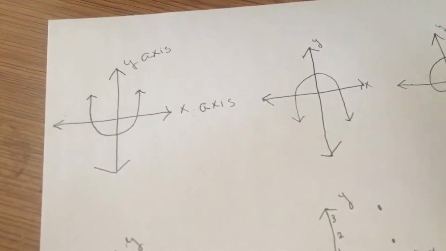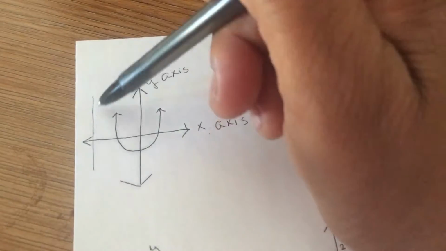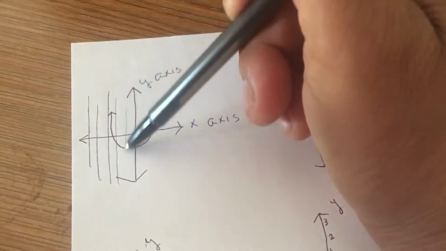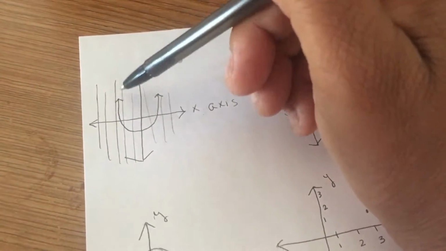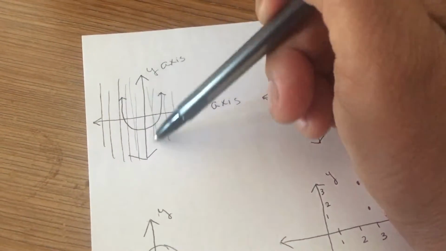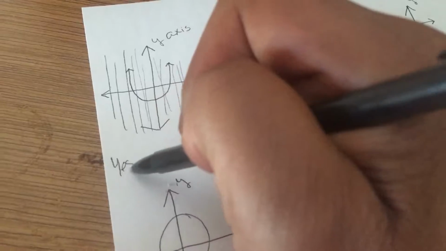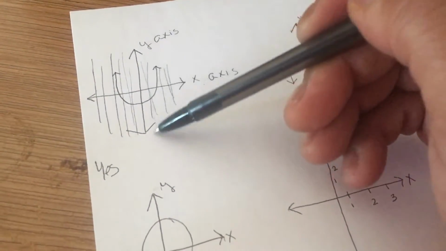So how you use the vertical line test, you just start drawing vertical lines and you want to see how many times it's going to intersect the graph. Is this a function? Yes, this is a function because it only intersects the graph at one point.